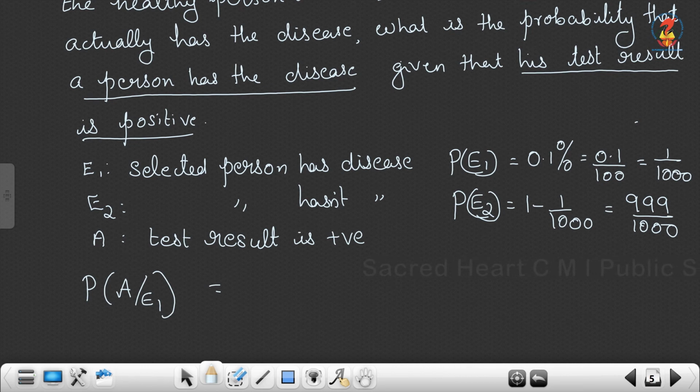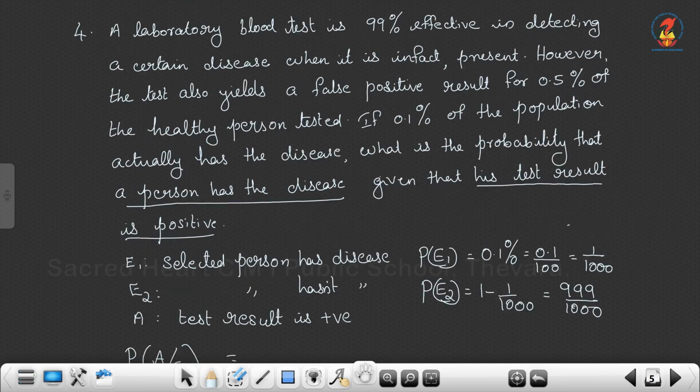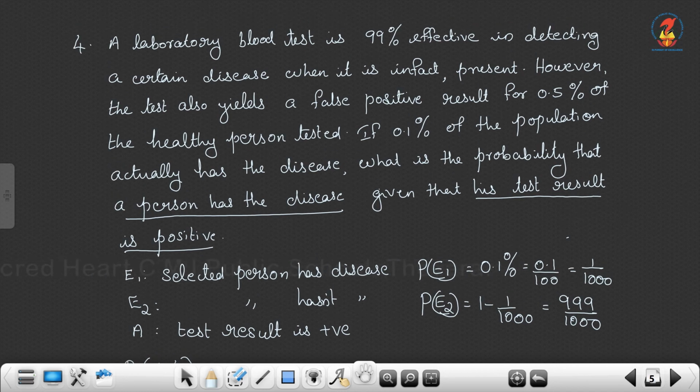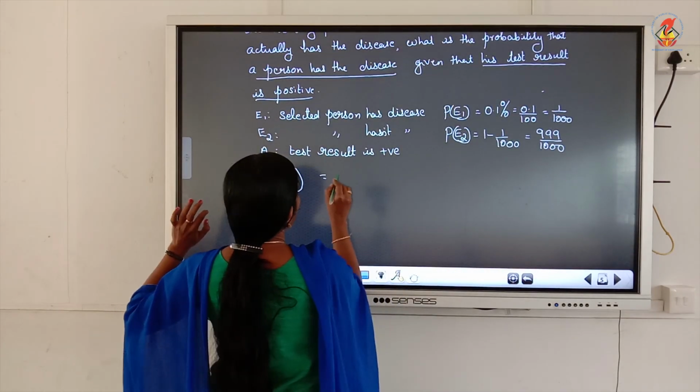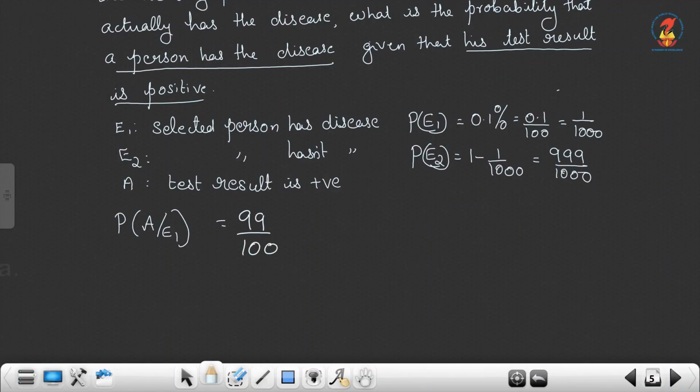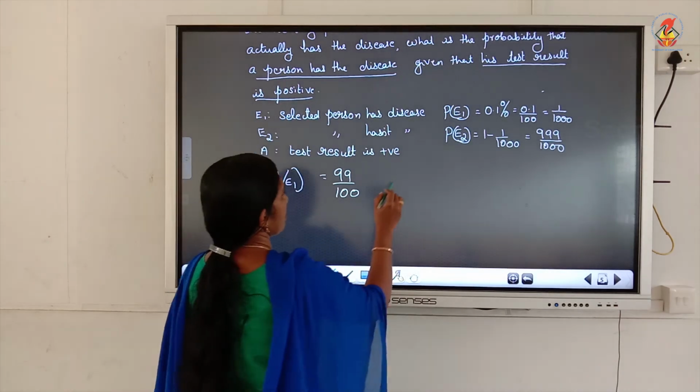A given E1 means selecting a person who has disease, then we check his blood test. If a person has disease, then the blood test is positive in 99% of cases. So P of A given E1 is 99 by 100. The test is 99% effective if a person actually has disease.